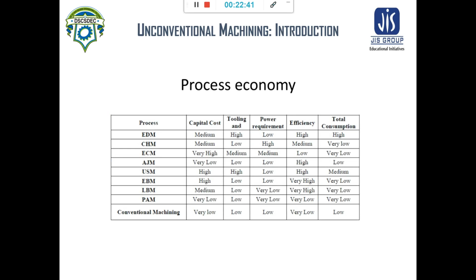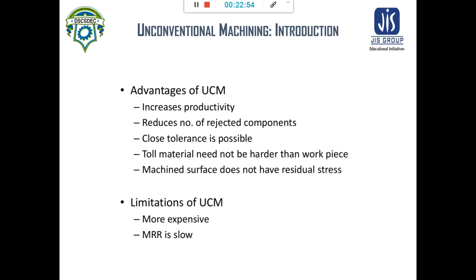Now the process economy analysis is also shown here. So depending upon these four criteria, all the process selection can be done. Now what are the advantages of UCM or unconventional machining processes?